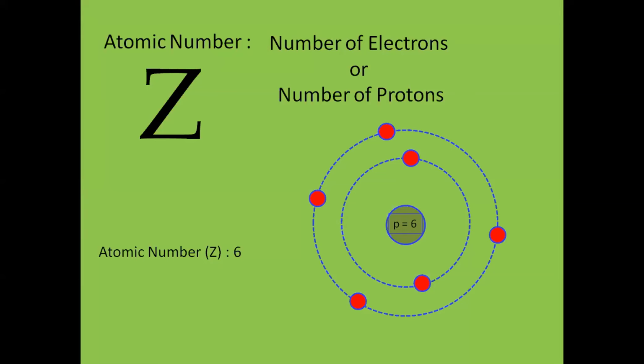After atomic number, let us take a few examples which will help us understand what exactly the atomic number tells us and how we are going to represent it. Here I have written P for proton. This is the first shell. Inside the shell there is one electron, which is hydrogen. If I give you this structure and ask you what is the atomic number of hydrogen, I want everybody to answer.